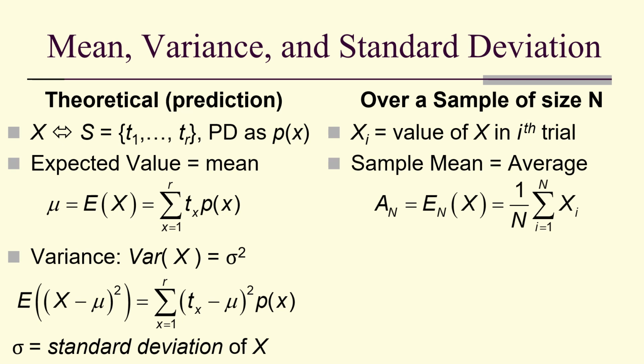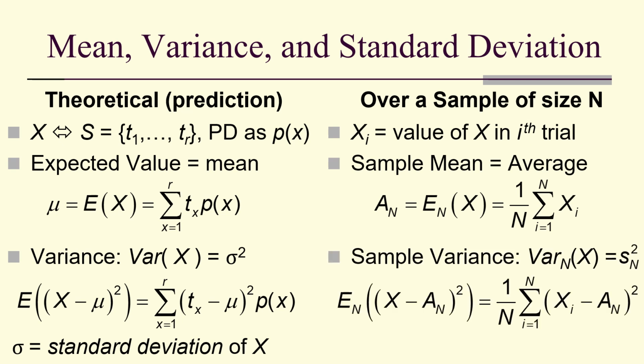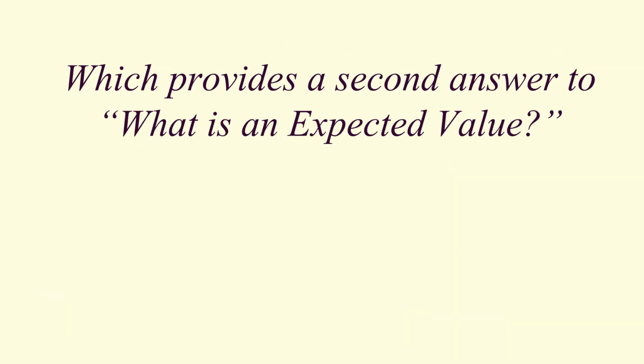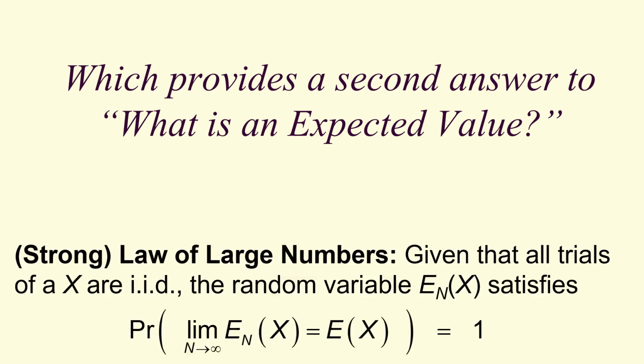Sigma is sometimes called the standard deviation of x. The sample variance is defined similarly in that it's the sum over trials, 1 over n, i equals 1 to n, of the quantity x sub i minus the sample mean, that quantity squared. Sometimes it's denoted by S sub n squared, where S sub n is the sample standard deviation, which provides a second answer to what is an expected value.